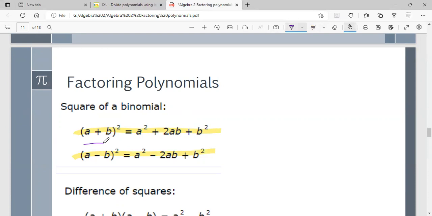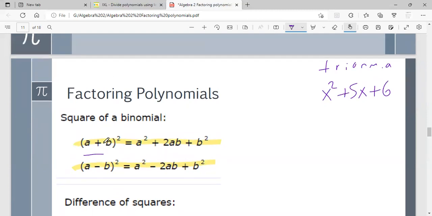So remember in the previous class, I gave you something that looks like this. That's a trinomial, by the way. A trinomial just means 3 terms.